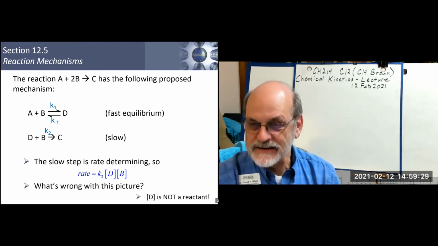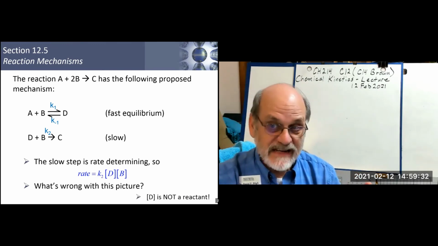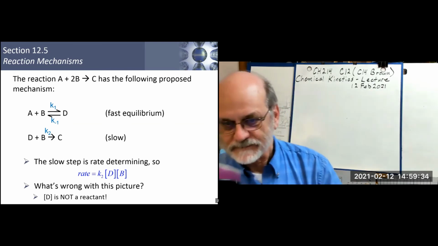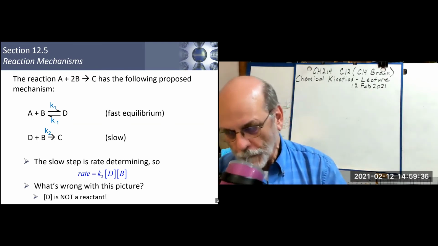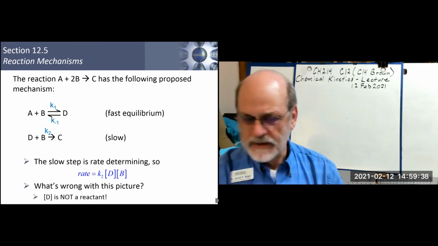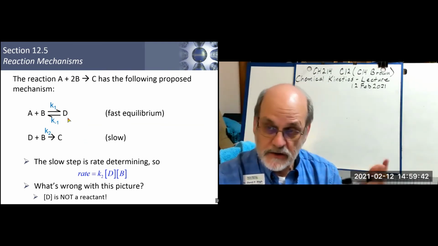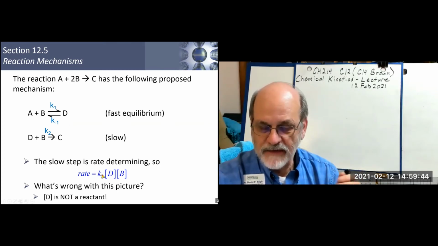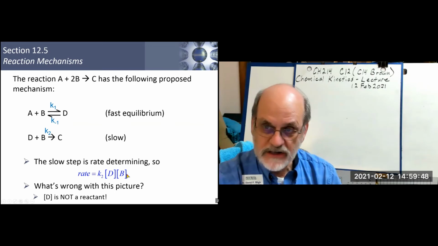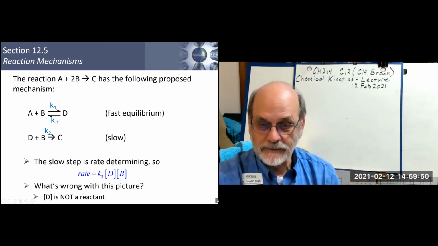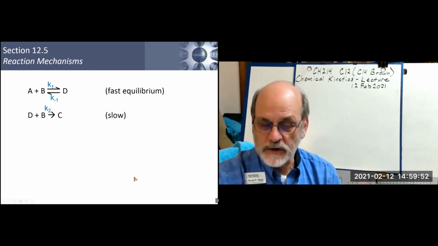Right, D is not a reactant. D is an intermediate. So with the information that we've provided in terms of these individual rate constants and this proposed overall rate law, which needs some massaging, this is what we do.